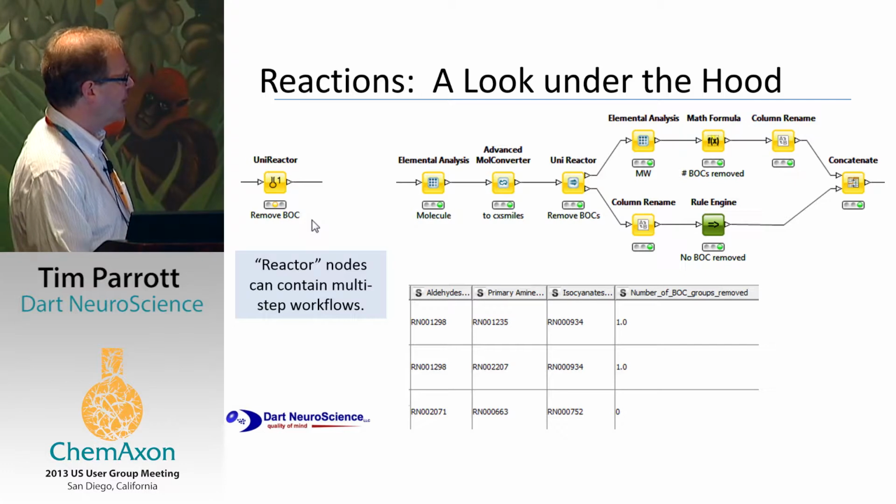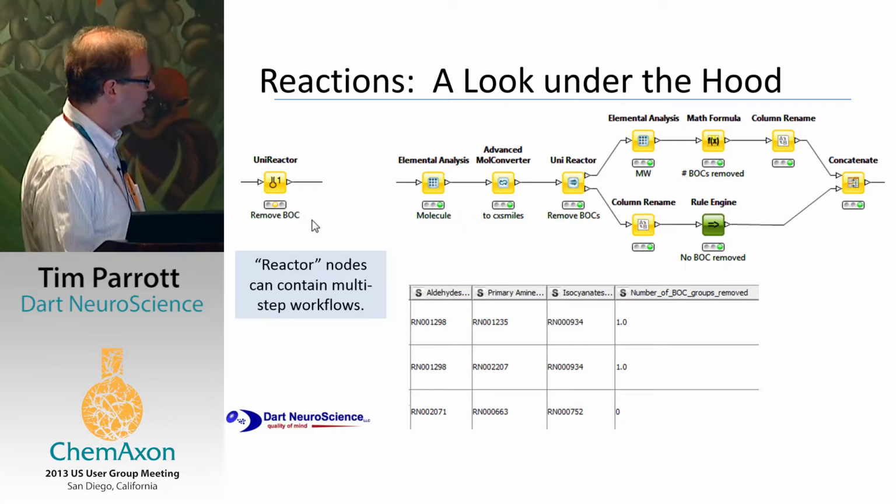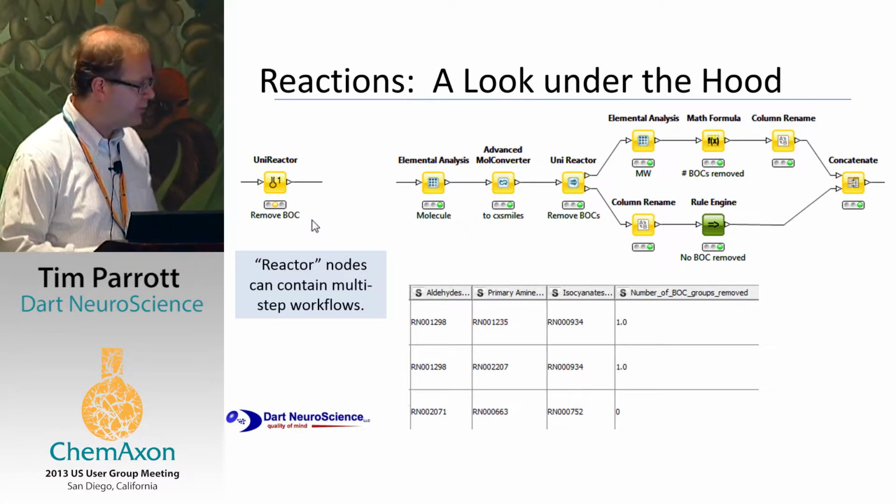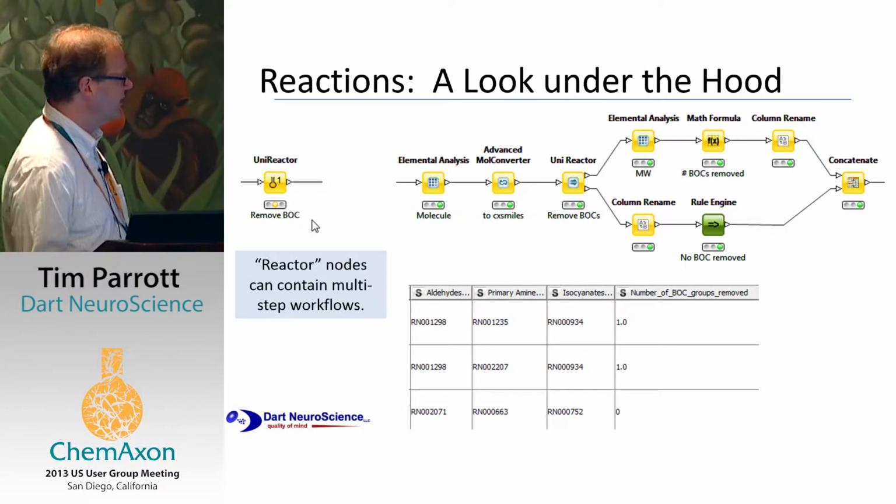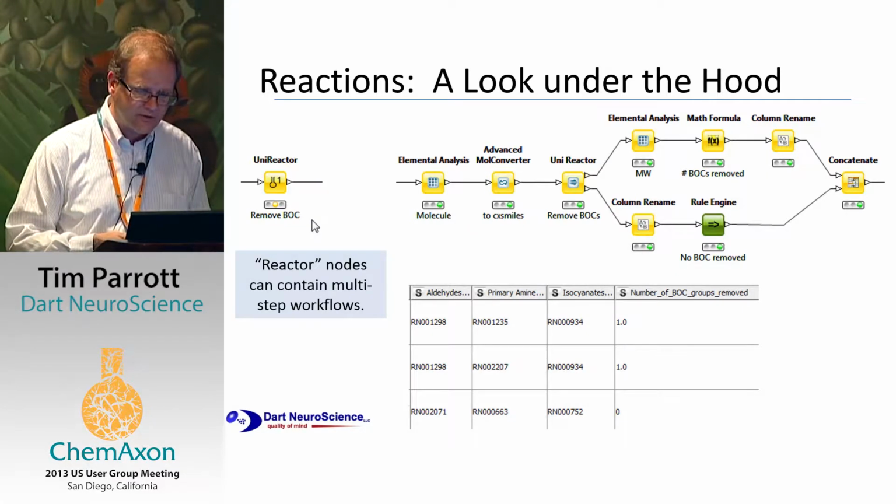And furthermore, they wanted to know how many of these Boc groups had been removed. And so just by creating a simple little workflow and putting it underneath this, we're able to add some enhanced capability to each of these reactions.